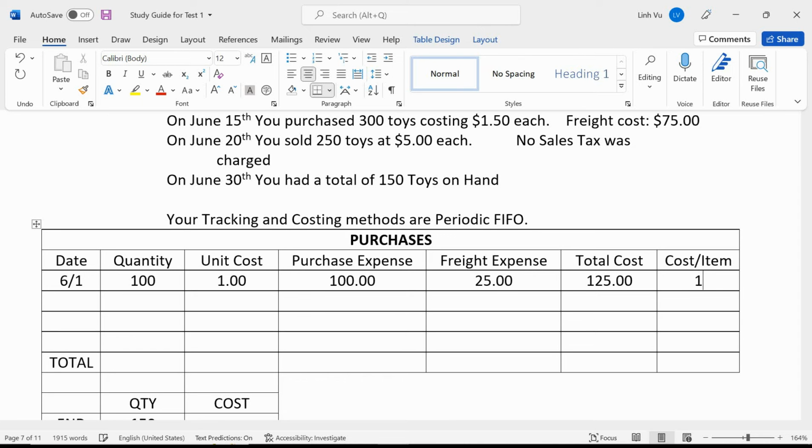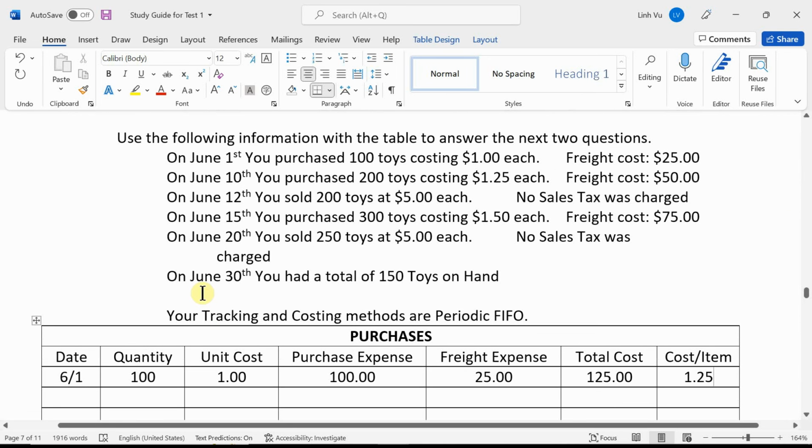Oh, it's $1.25. Yes, good. So we calculate my cost per item, which in this case is $125 divided by 100, giving you $1.25.